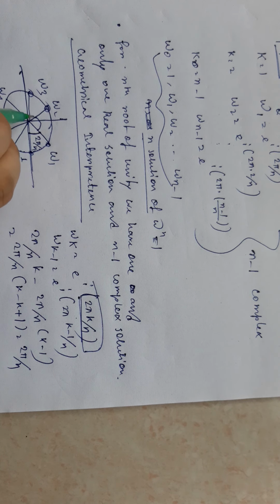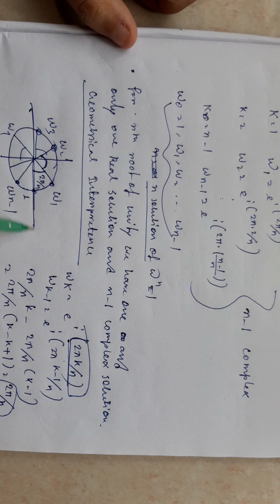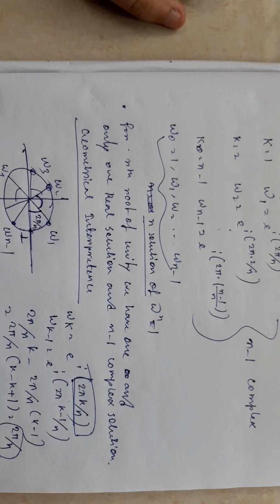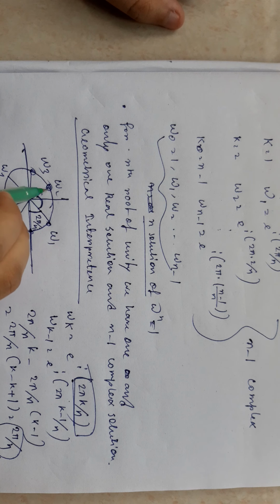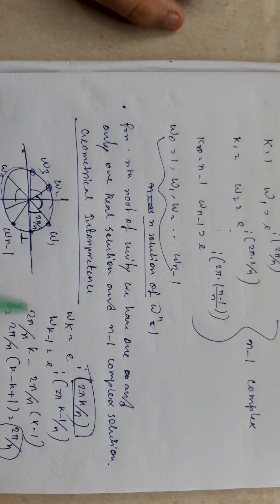So all these angles are equal to 2 pi by n. This real point is obviously 1, the circle has radius 1, and all the nth root points are situated on the unit circle.